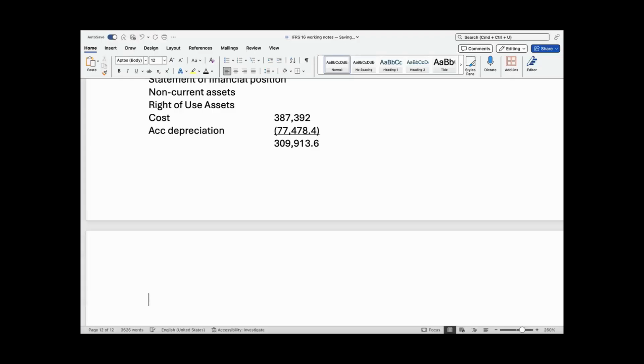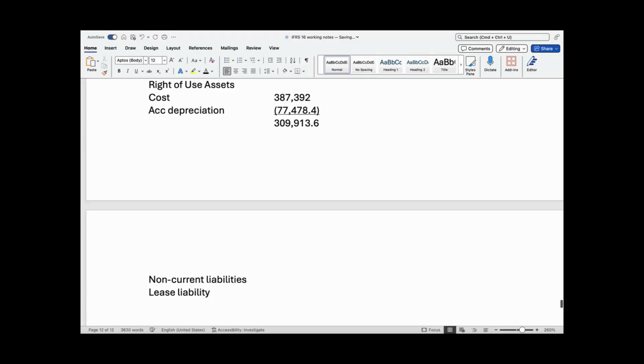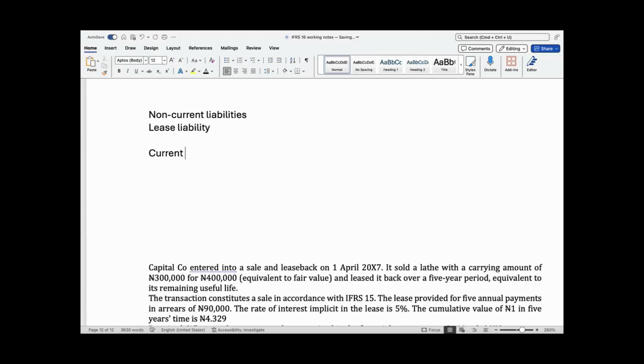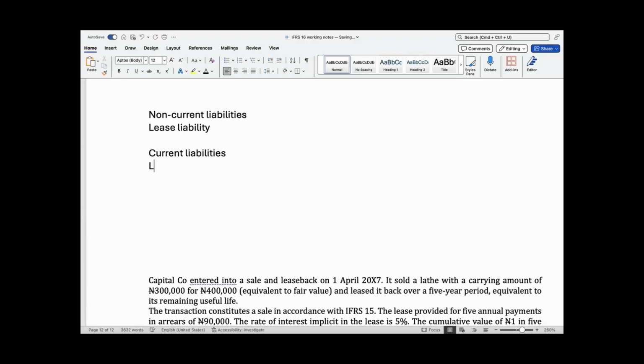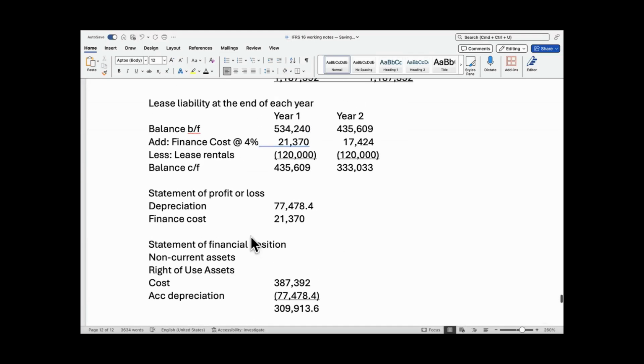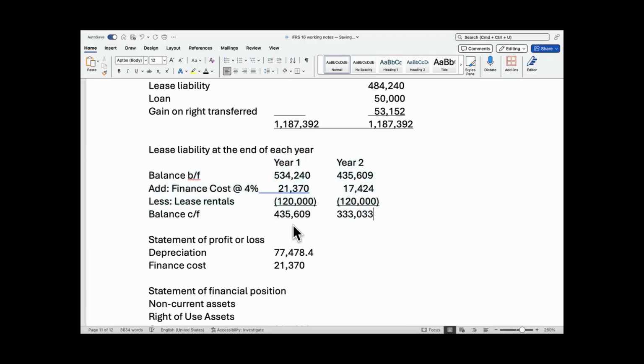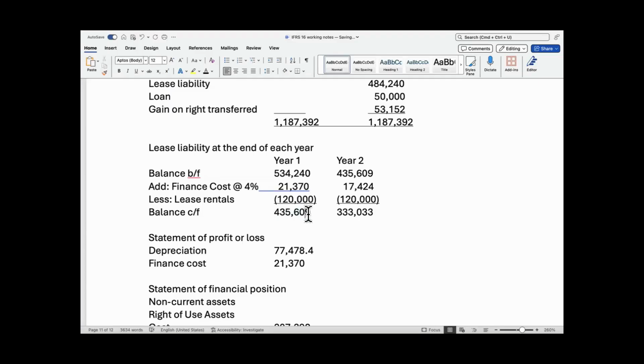Additionally, for the lease liability, we'll recognize a portion as non-current liability and another portion as current liability. And since we have already done 2 years, our lease liability in year 1 is 435,609. The difference between it and the second year balance would represent what we will pay in year 2. And that will be the current portion.